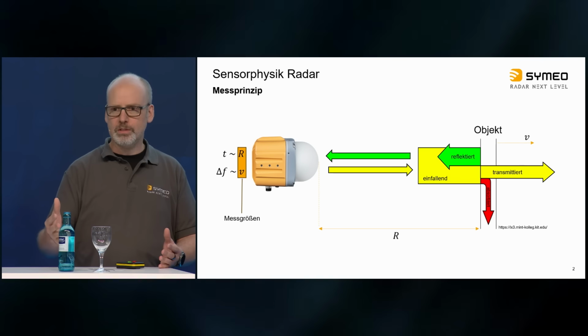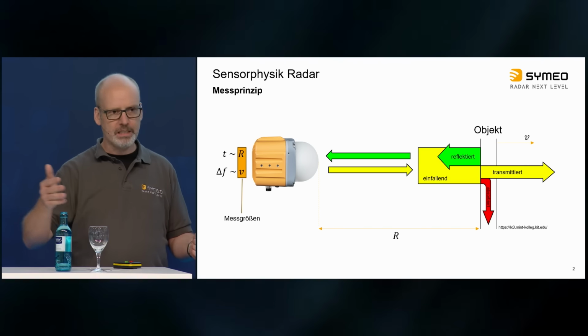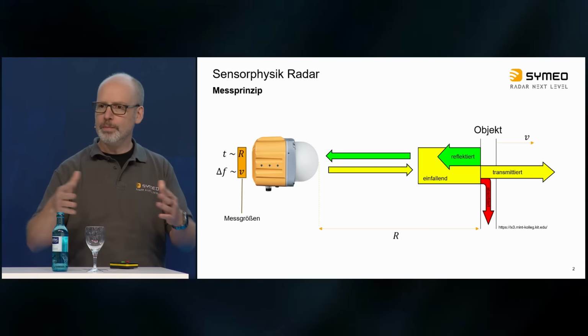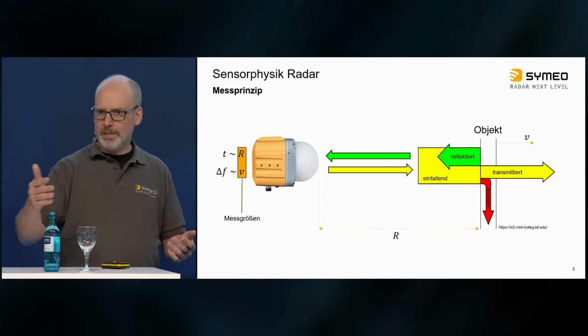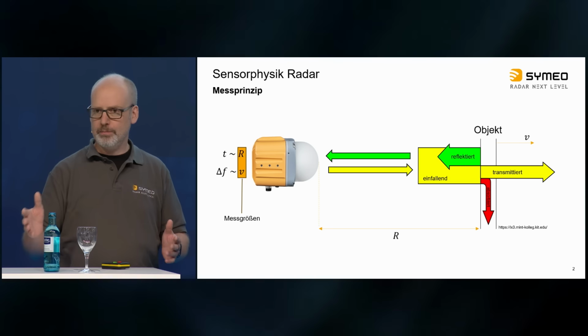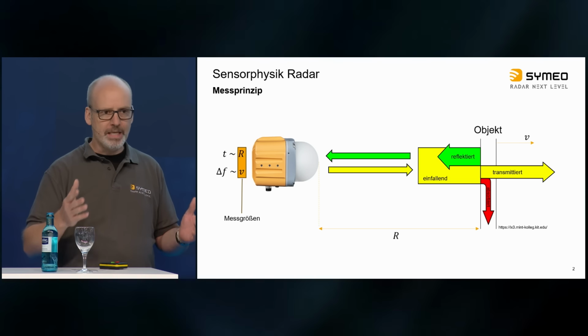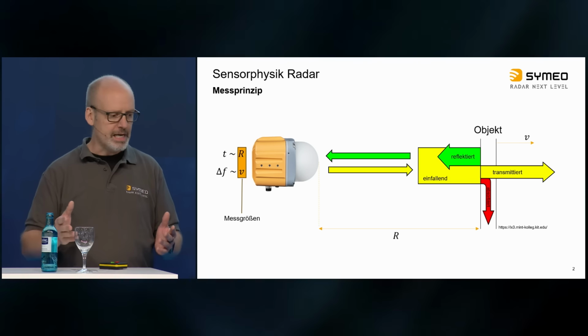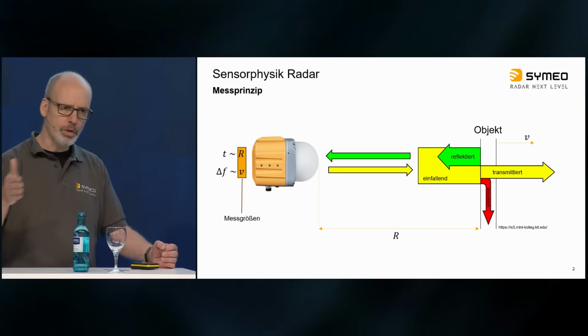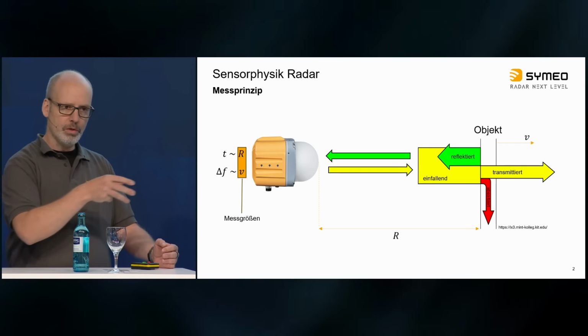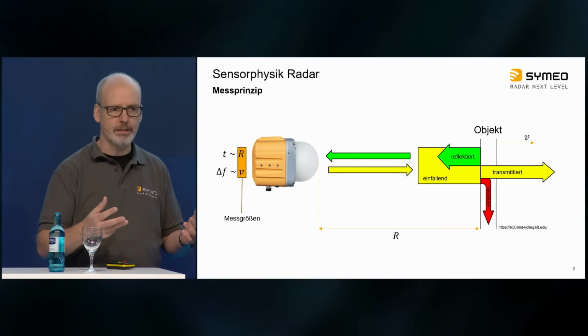A radar sensor sends electromagnetic radio waves that disseminate away from the sensor into the environment, usually directed in a certain direction. They hit upon objects. These can be walls, people, targets, objects of whatever kind. The radio wave is reflected and gets back to the sensor.